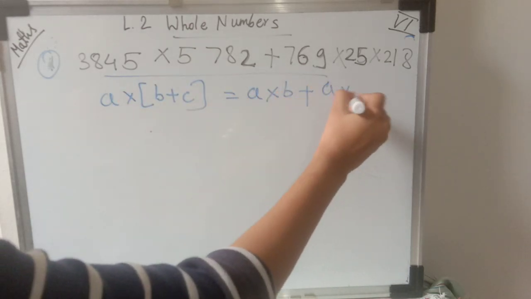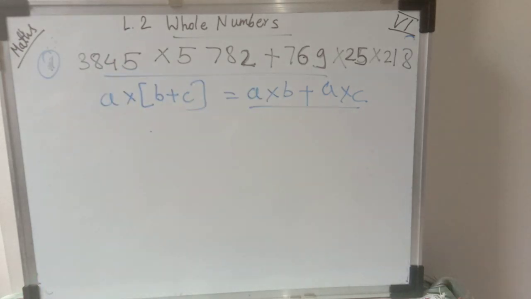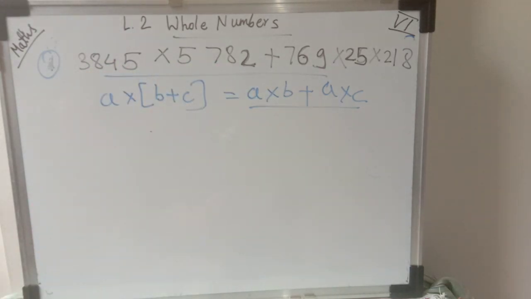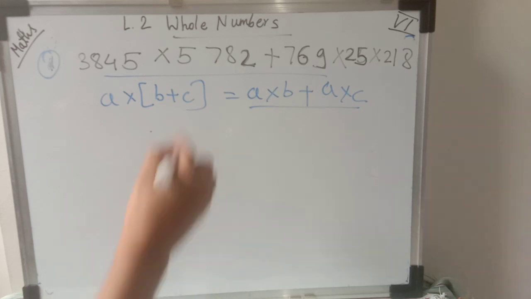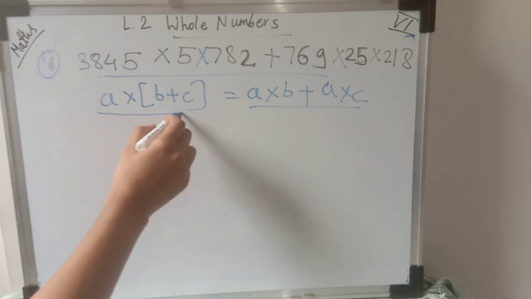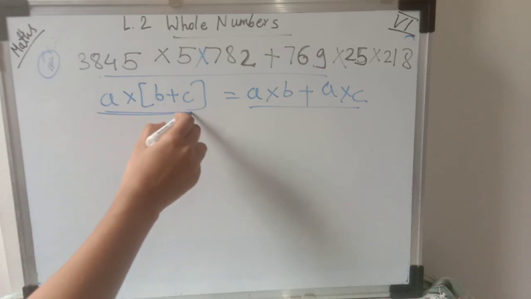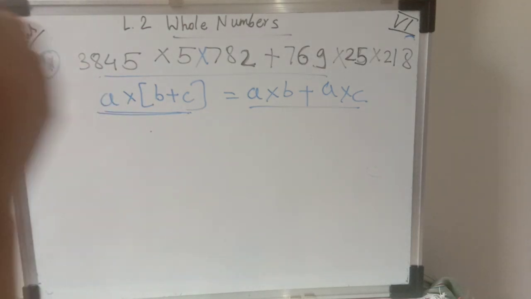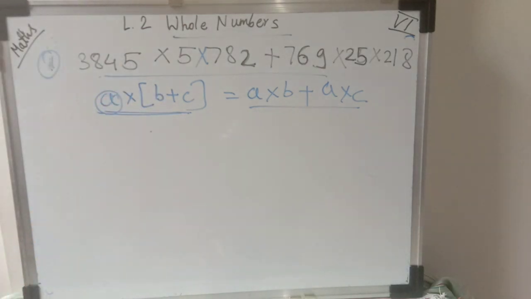Okay, three whole numbers are there, but it doesn't matter. Here what we have to do is get the 3 whole numbers A, B, C. What we have to do? We have to make some slight changes, because here A is common, here A is common.